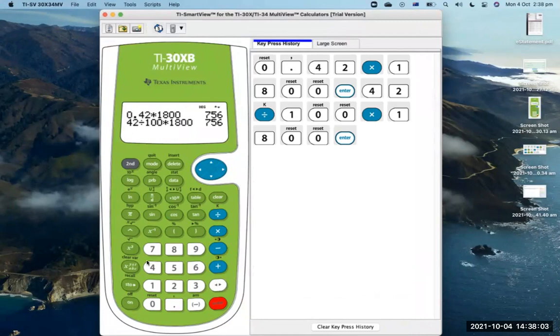Now, I want to see if there's a percentage sign. You can also write 42%. Does anyone see a percentage symbol on the calculator? There is no percentage.